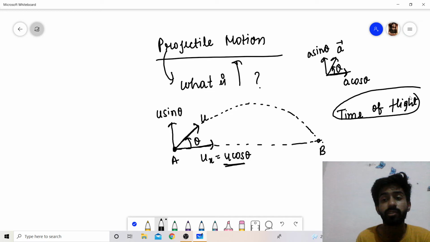So AB is the range, as it covers AB distance, or we can say the horizontal range.